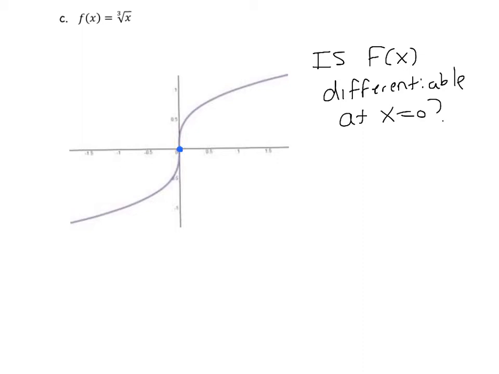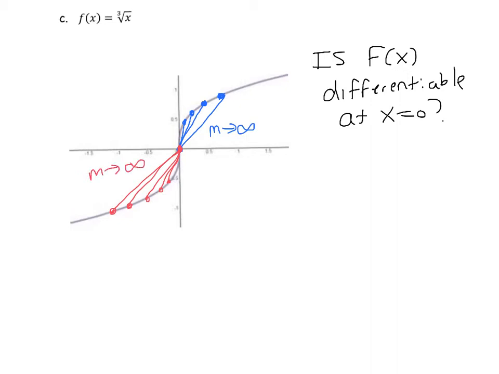So here I'll plant a point, and we consider the slope of that secant line. And as we keep moving that point closer and closer, hopefully you can see that the slope's approaching infinity. Similarly, if we come from this side, we can see that those slopes are getting closer and closer to infinity as well.